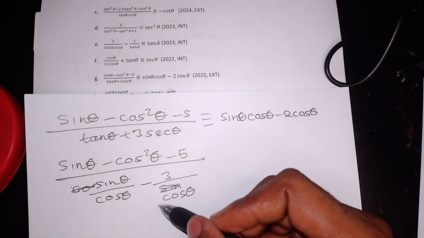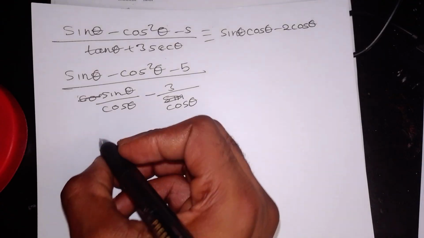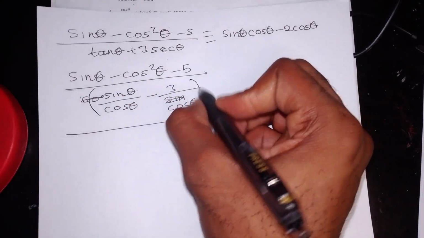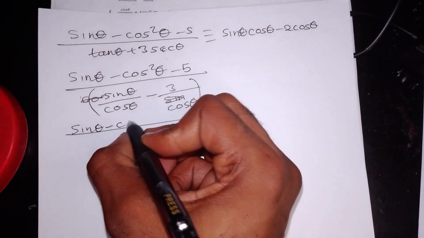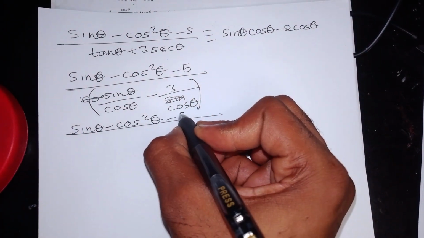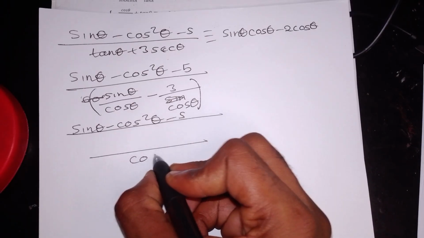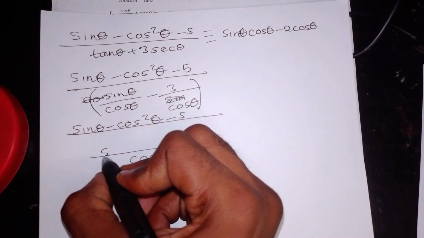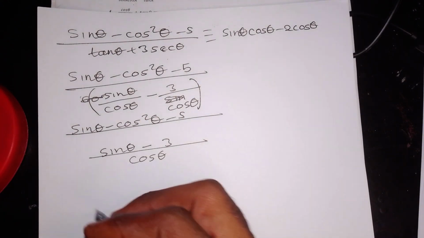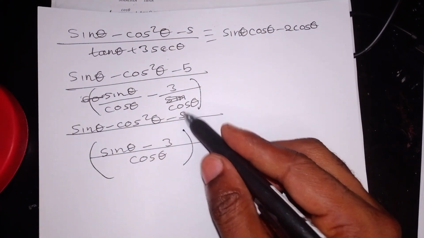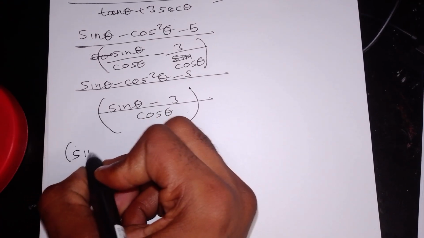So now we can combine these two to form one. So I like putting brackets here just to minimize mistakes as much as possible. Minus 5. So the common denominator there is cos theta. Then this will be this minus that. And then when you're dividing, you can just do this.